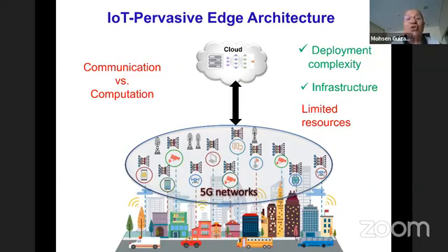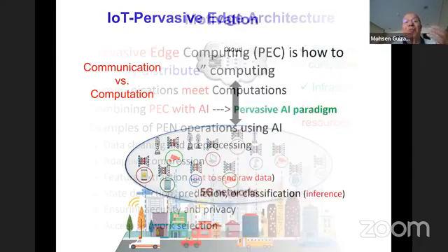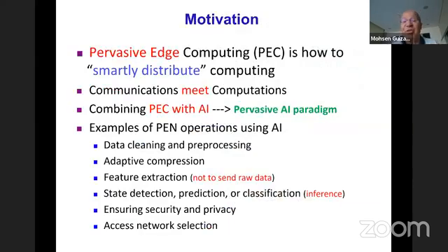So this is the motivation, the new paradigm of pervasive computing. Pervasive computing is how to smartly distribute computing and communication. What is the trade-off between them?